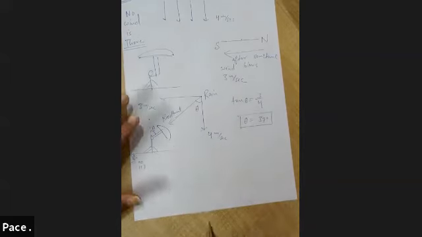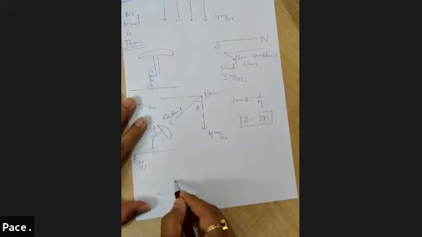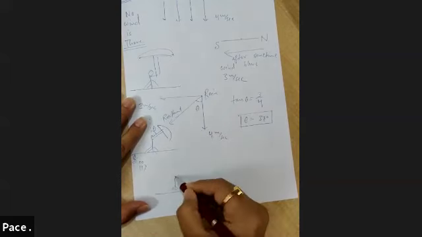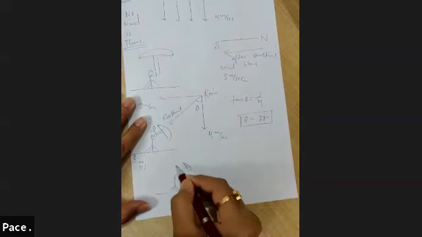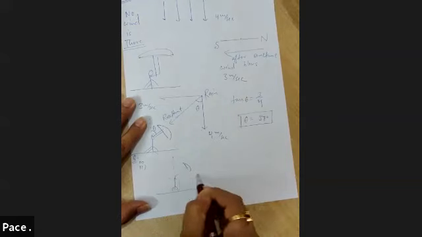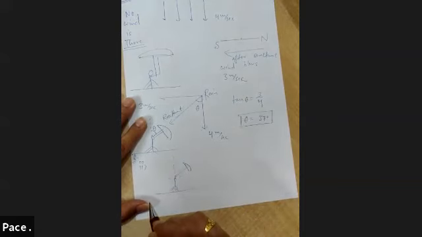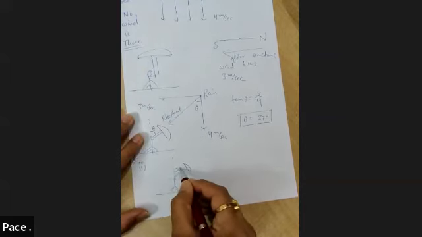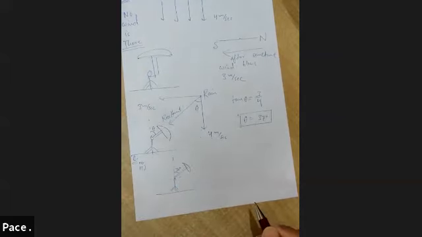Listen to the question carefully. A man standing on a horizontal road, so there is one man holding the umbrella like this, has to hold his umbrella at 30 degree to the vertical. This angle is given as 30 degree to the vertical to keep rain away.